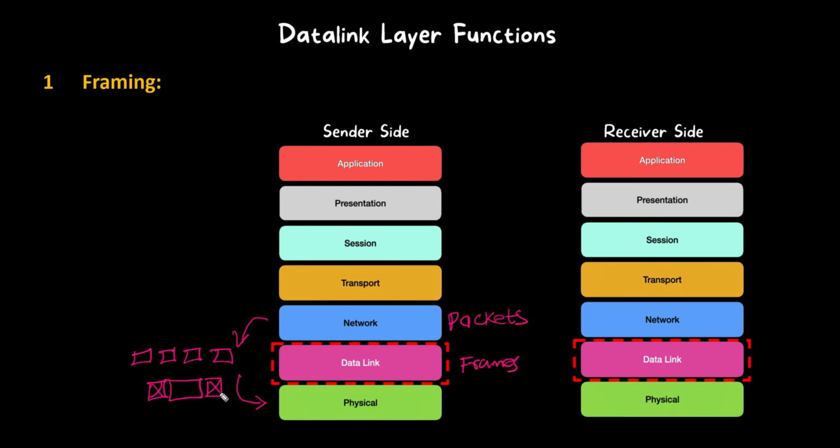When the data link layer sends the frame along with this special kind of bits for error correction, at the receiver side the data link layer analyzes the received frame and considers it a complete frame. For example, when the sender side sends frames without these special error correction bits, then when the data link layer at the receiver side receives this frame without these bits, it will think that this frame is not complete or incomplete.